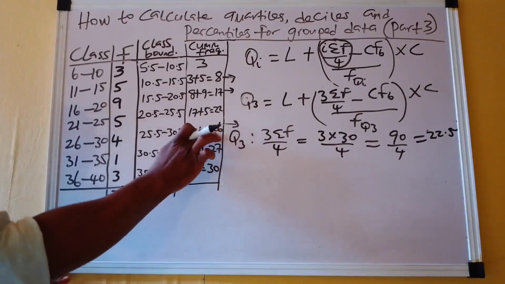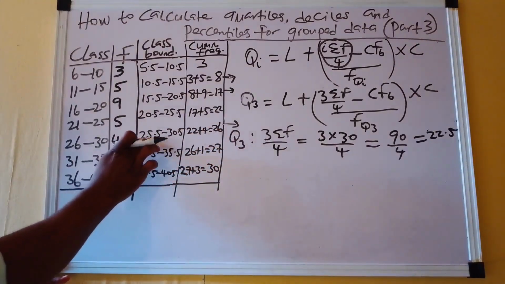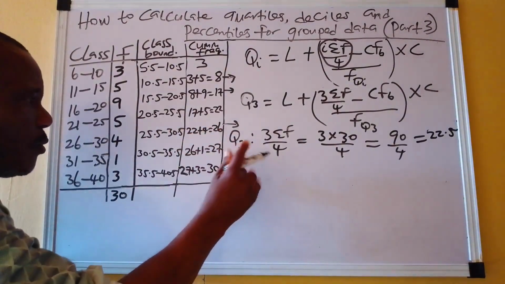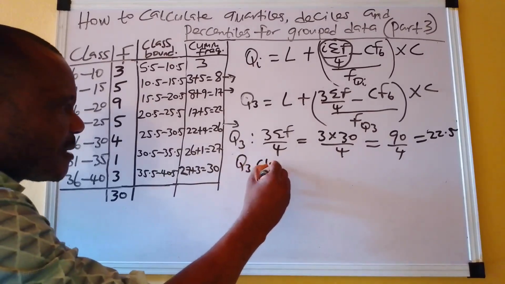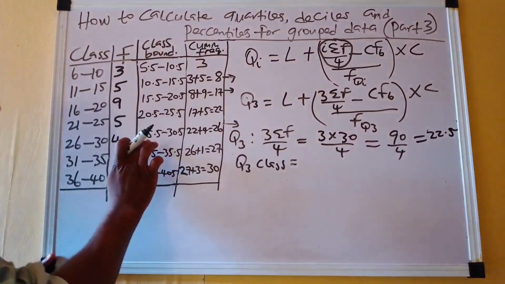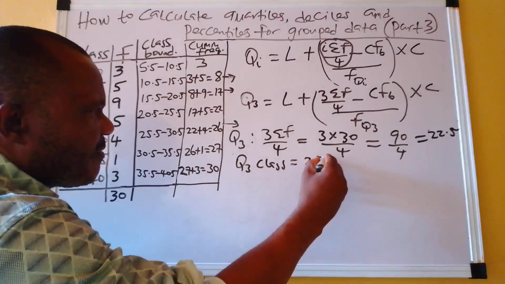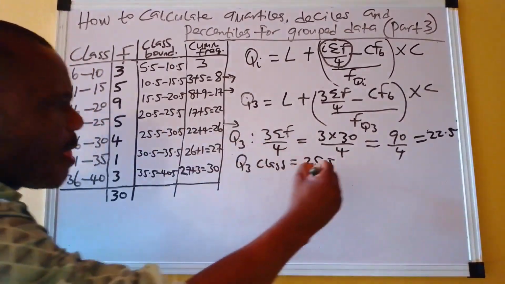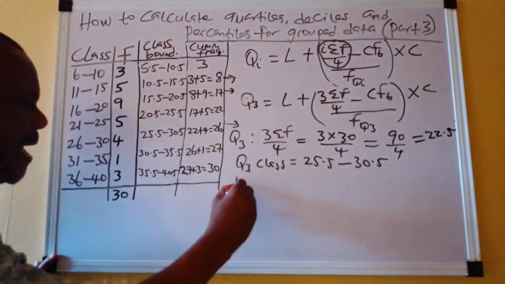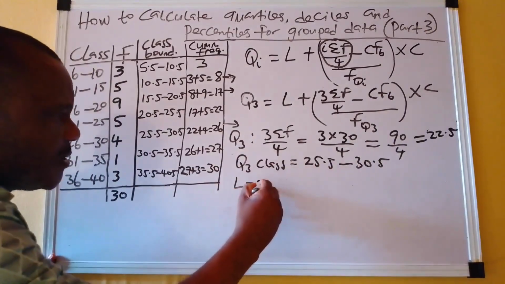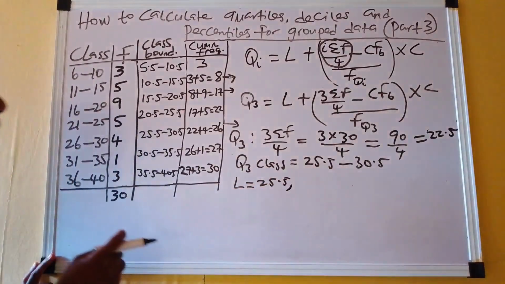So our Q3 class is equal to 25.5 to 30.5. Here our L is equal to the lower class boundary 25.5.